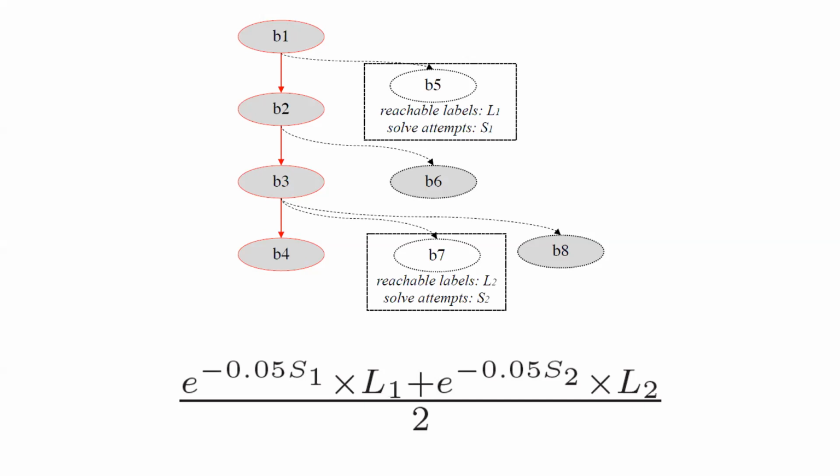So what if we try to solve it 100 times and we still cannot find a way to solve it? I'm not sure if they mentioned that. Also, for L1 and L2, what is the criterion to put an edge into L1 and L2? It is actually labeled by the sanitizer, right?